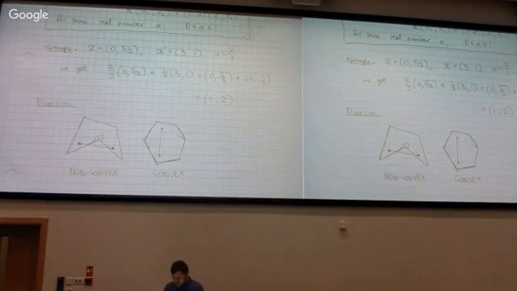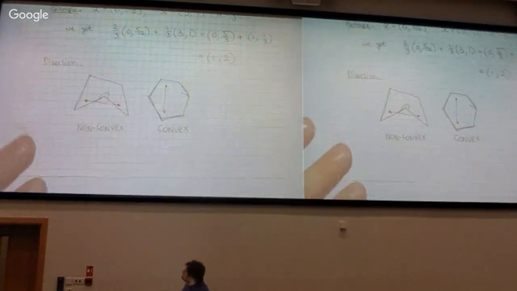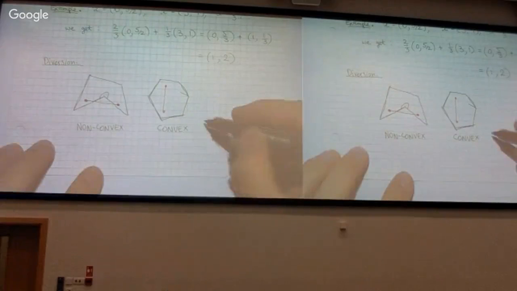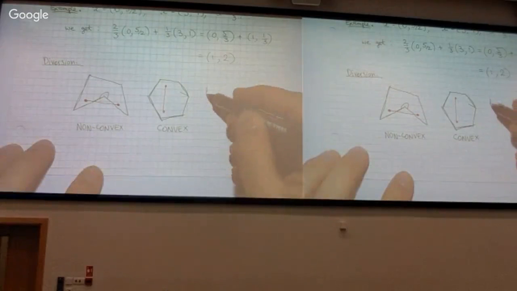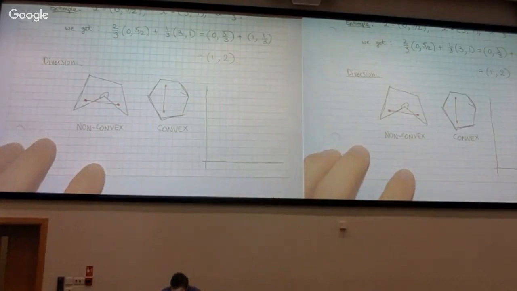So while we're diverting, the meaning of the convex combination is when you get 2 points. What point do we have? 0 and 5 over 2.